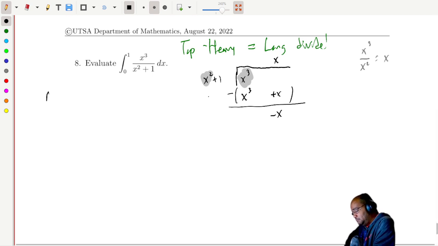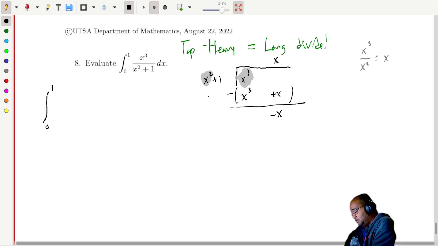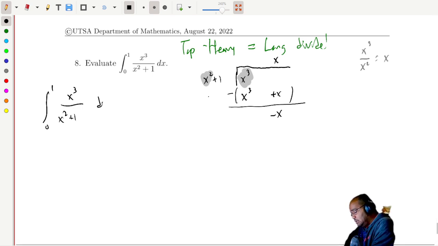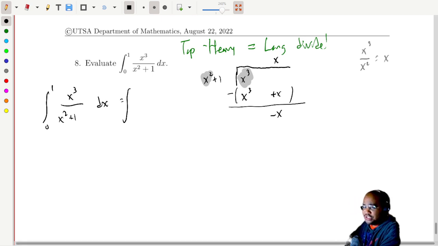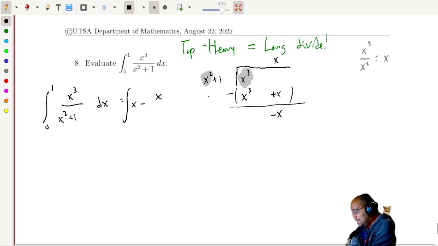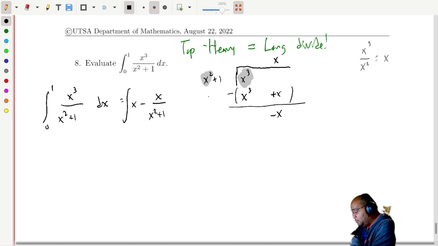So take a look at what I got here. This integral, let's rewrite it. Integral from 0 to 1 of x cubed over x squared plus 1 dx is equal to the quotient, which is just x on the top, and then minus x over x squared plus 1 dx.